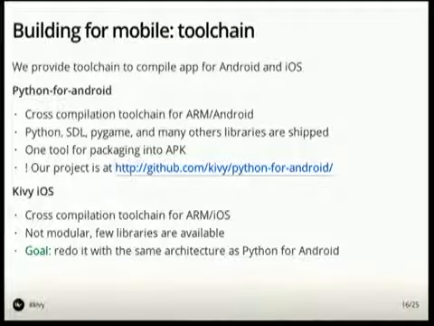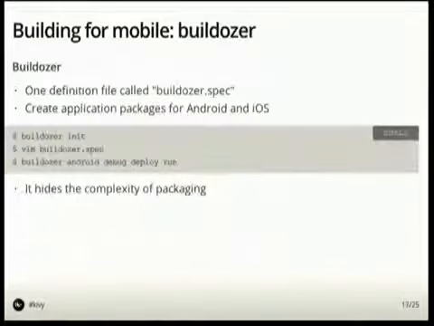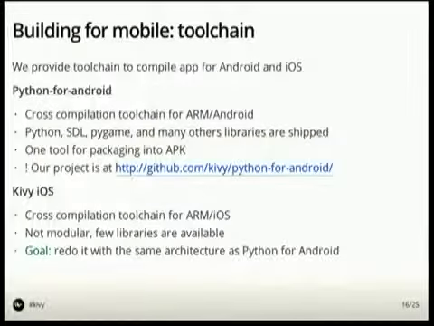So what we do in Kivy iOS is that each library, Python, SDL, SQLite, Kivy, is compiled as a static library, and then we merge everything into one binary executable that runs on the iPad and executes your application.